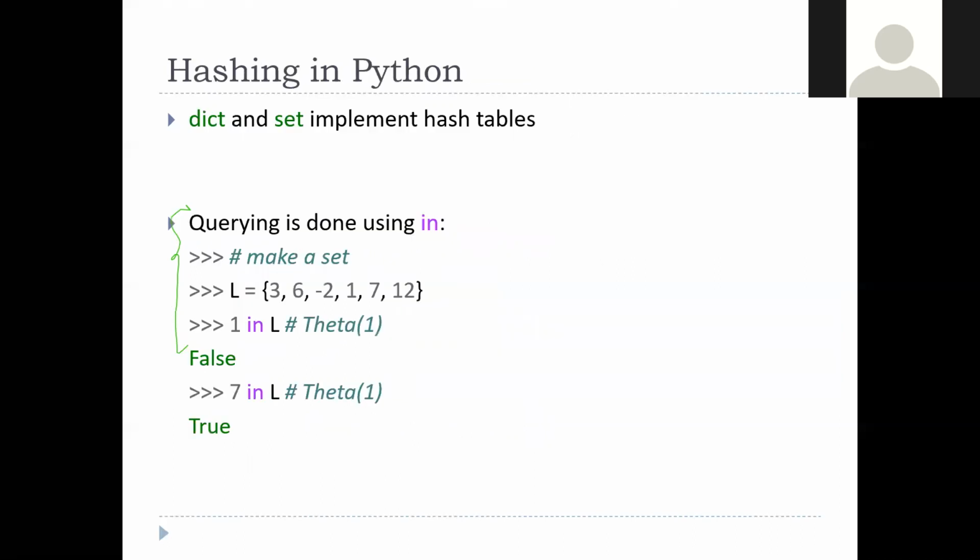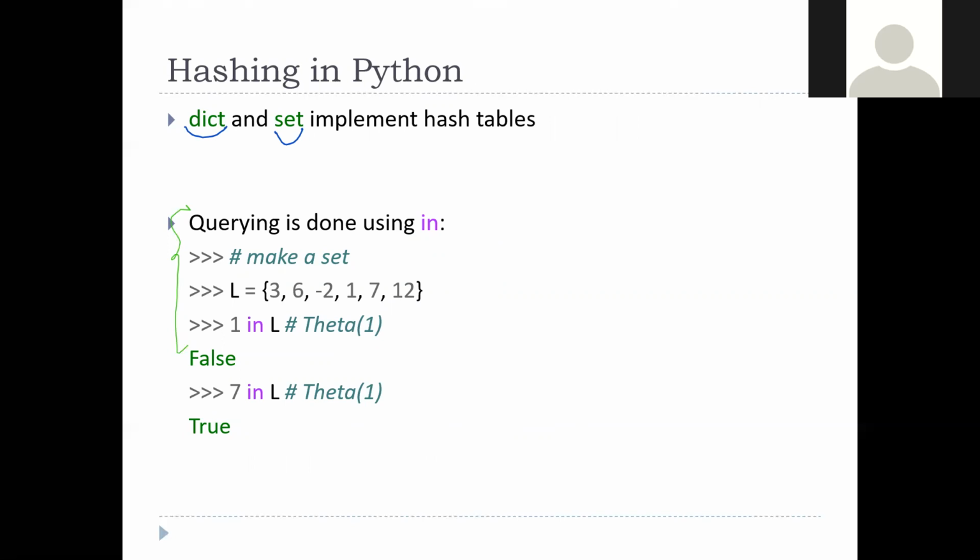Now in Python, both the so-called dict, which is like a dictionary, and the set are actually implemented using hash tables. Here are some examples, and in the homework we'll have more problems, and we'll also give you some example code of using hash tables in Python.